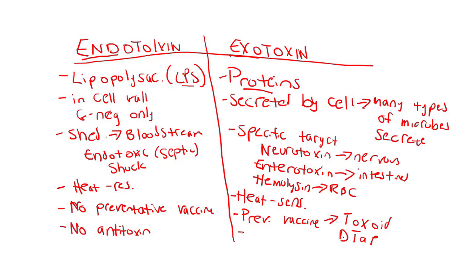And lastly, we can also make an antitoxin. If somebody is infected with an exotoxin, we can quickly treat them to help prevent further infection. For example, if someone stepped on a rusty nail and we suspected they could get tetanus, they would quickly get the tetanus antitoxin to prevent that infection.